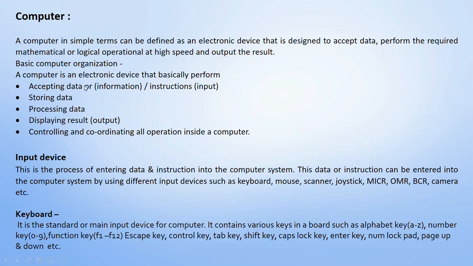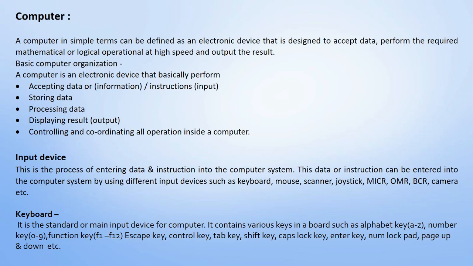So here you got the idea that a computer is one type of electronic device which accepts the data from the user and processes it depending upon the instruction. Then after processing it gives you the output, that is nothing but called your result also.